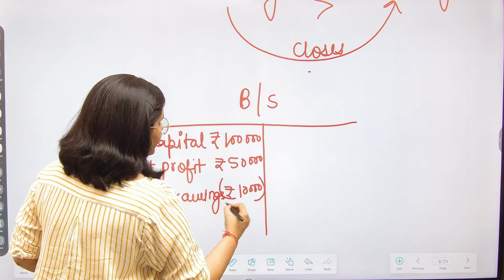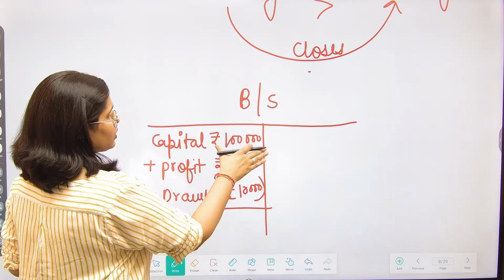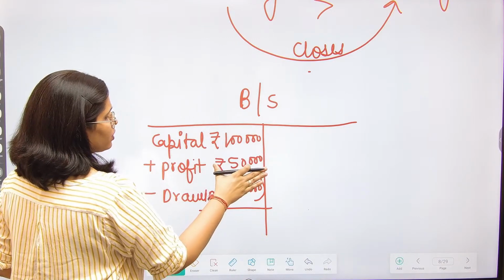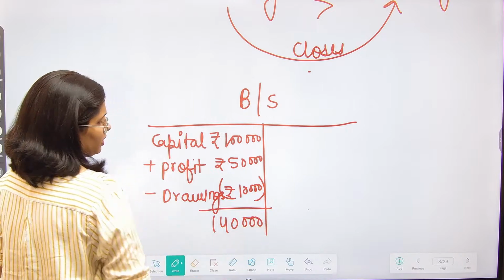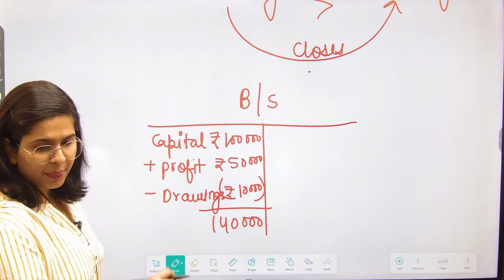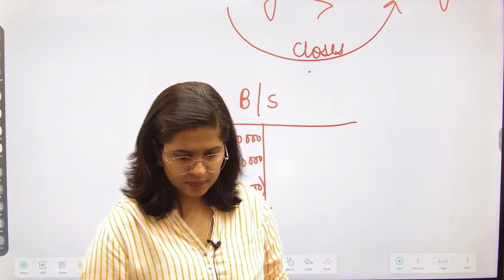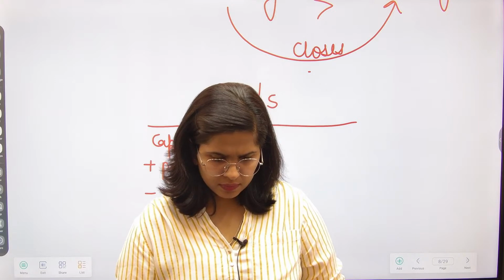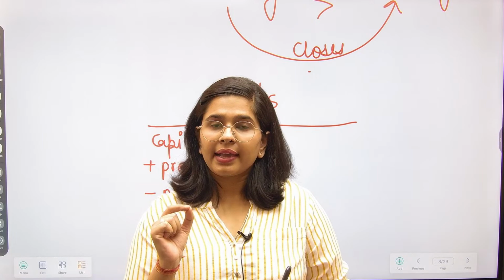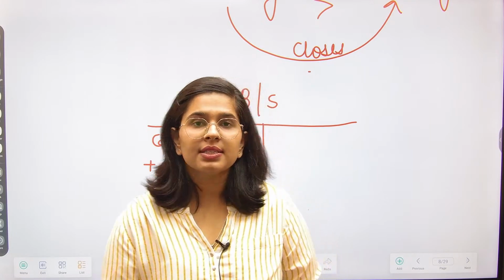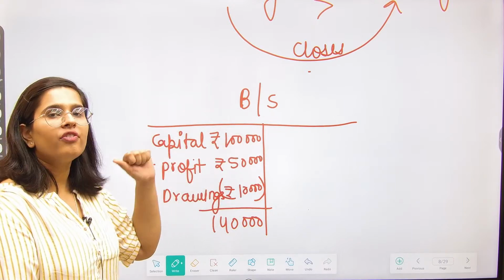So finally, the amount that you have invested in this business is 1 lakh plus 50,000 less 10,000, that is 1,40,000, right? So the capital will appear in the books of accounts at 1,40,000. The business will add the profit to the capital of the owner.